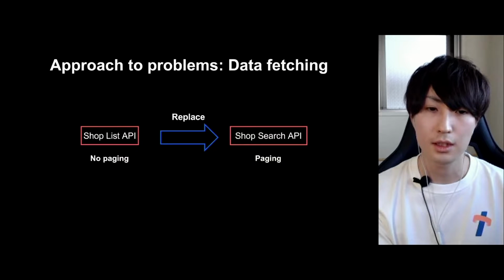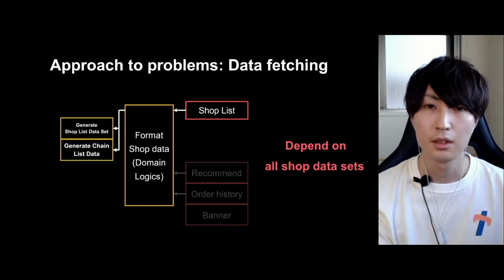For the problem with the shop list API getting all the items at once, actually before we started this refactoring project, we had renewed the search screen. At that time, we created an API that supports paging, and this API was created with the assumption that it would be used on the shop list screen. So we decided to solve this problem by migrating to this API. However, a new problem occurred here.